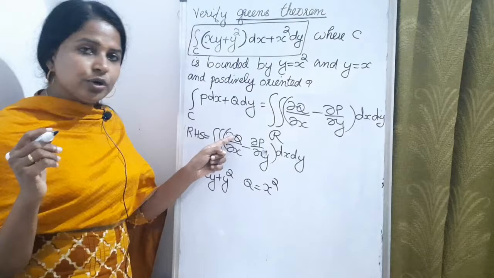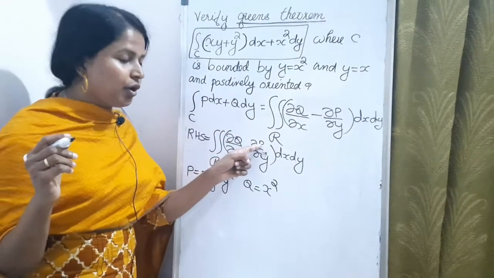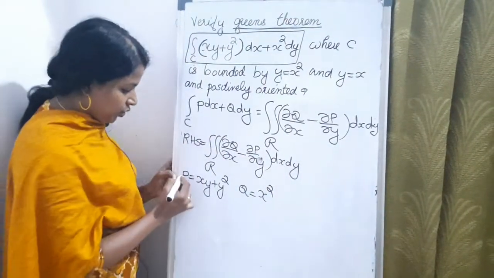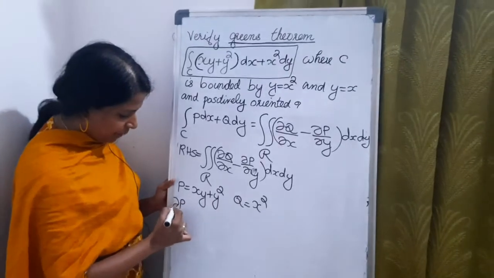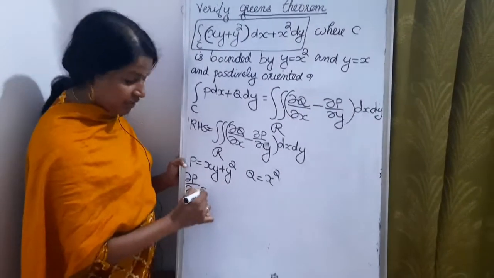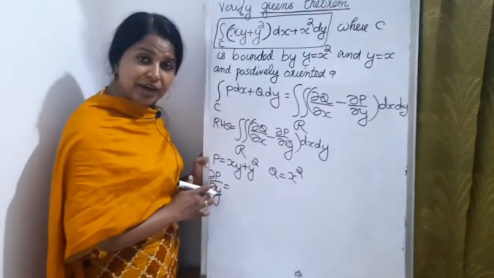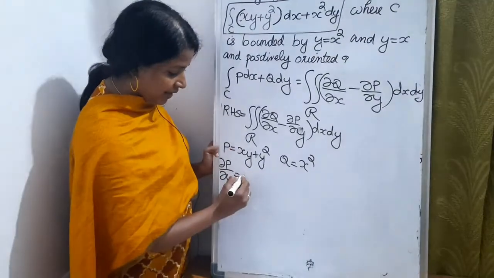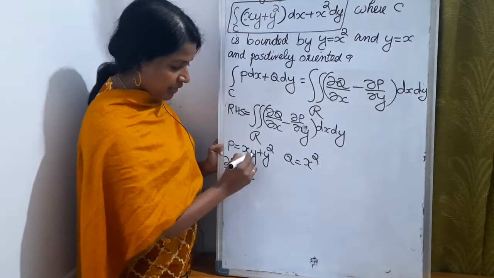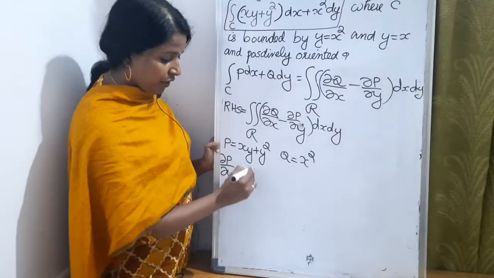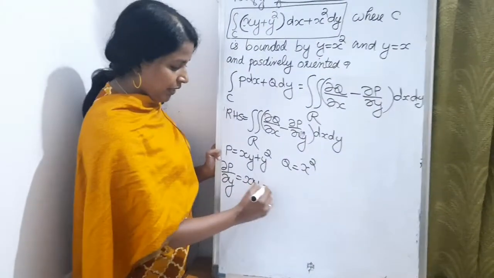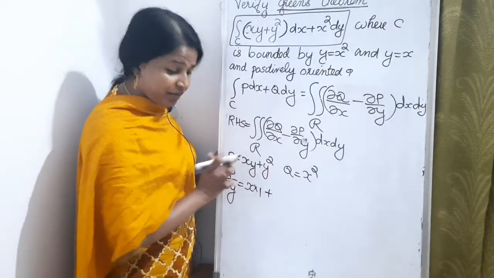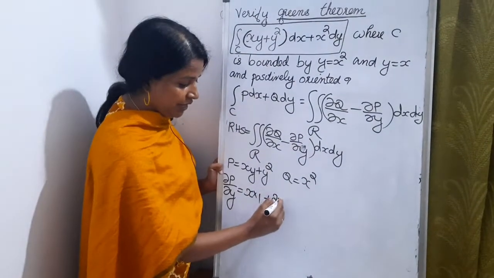Here we need dou Q by dou x and dou P by dou y. For dou P by dou y, differentiating P with respect to y: here x is constant, the derivative of y is 1, plus the derivative of y square with respect to y is 2y.